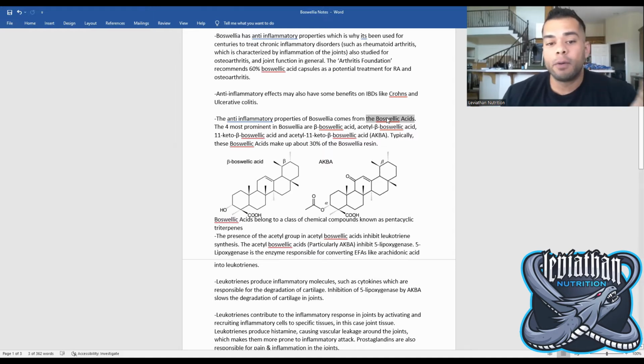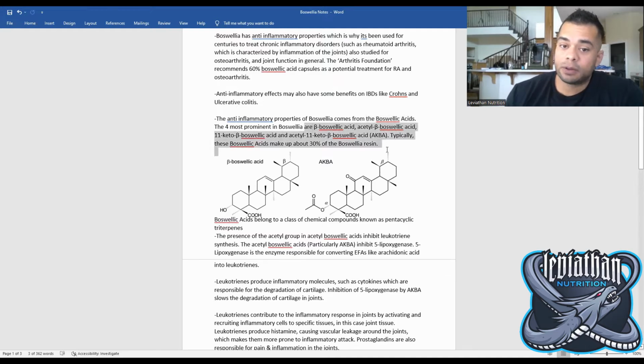There are 4 prominent boswellic acids contained in Boswellia, and they are as follows: beta-boswellic acid, acetyl beta-boswellic acid, 11-keto beta-boswellic acid, and acetyl 11-keto beta-boswellic acid, otherwise abbreviated as AKBA. This last one is the biggest and most important one, so I'll commonly refer to it just as AKBA for short, because it's a very long name.